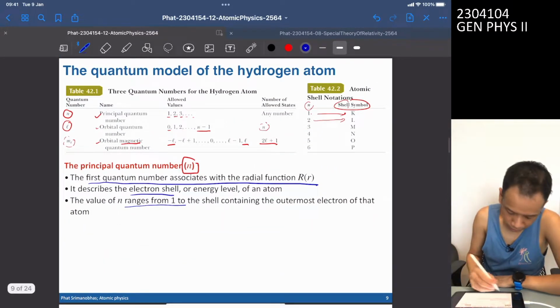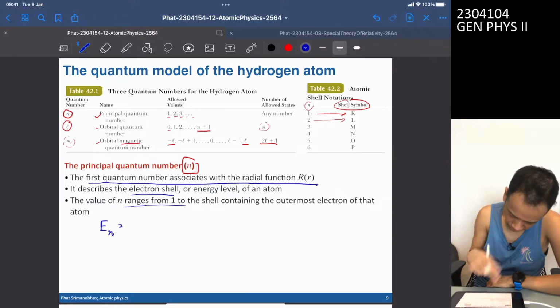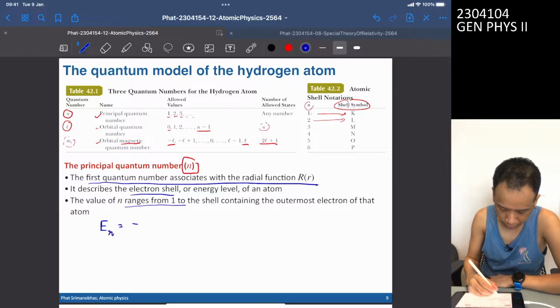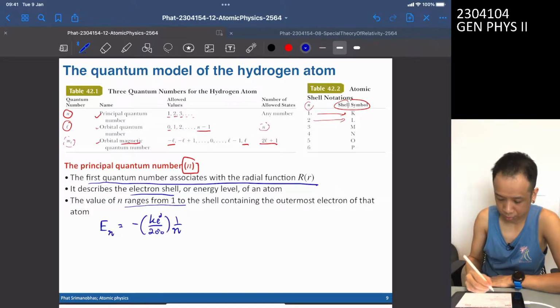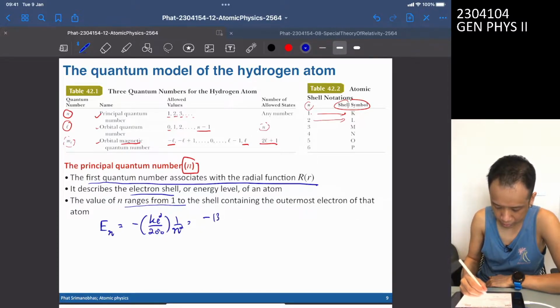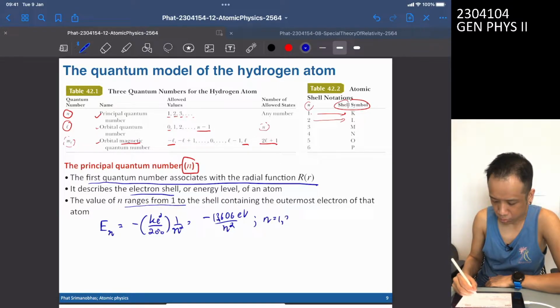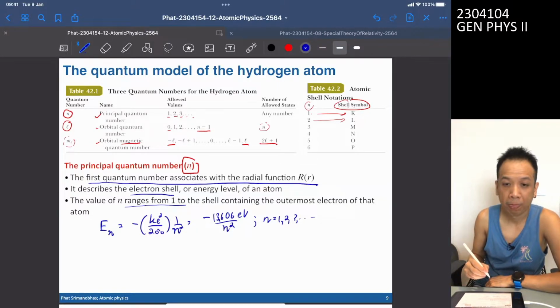From this principal quantum number, you get exactly the same as Bohr: minus ke squared over 2a0 times 1 over n squared. That is minus 13.606 electron volts divided by n squared, where n equals 1, 2, 3, and so on.